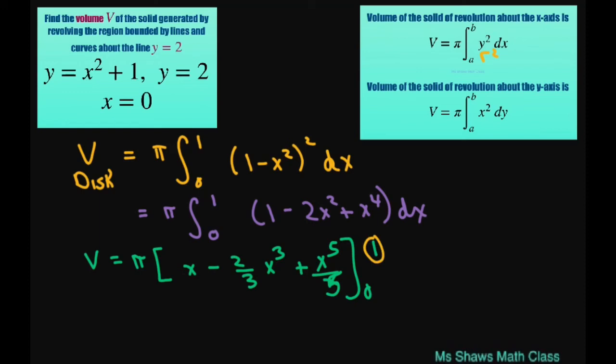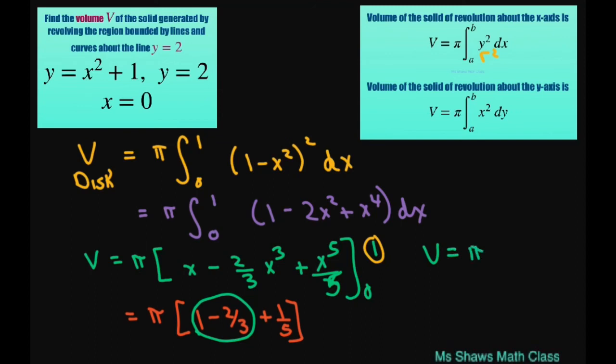So basically you're going to get pi times 1 minus 2/3 plus 1/5. All right. This right here gives you 3/3 minus 2/3 is 1/3. So we get volume equals pi times 1/3 plus 1/5.